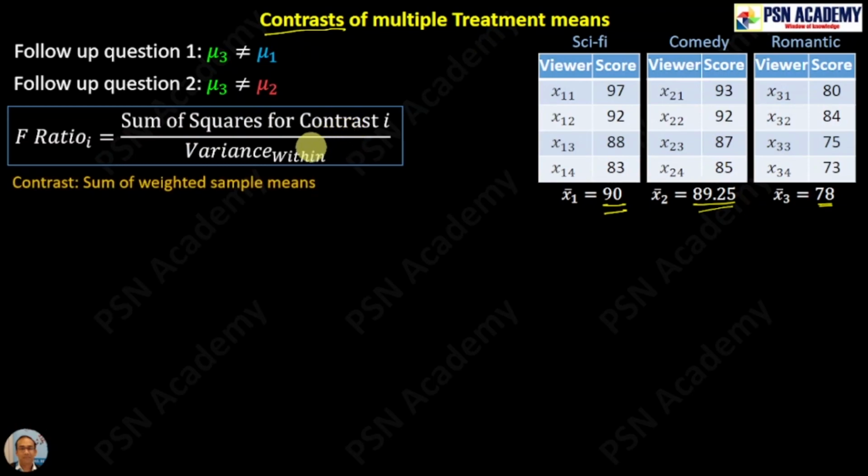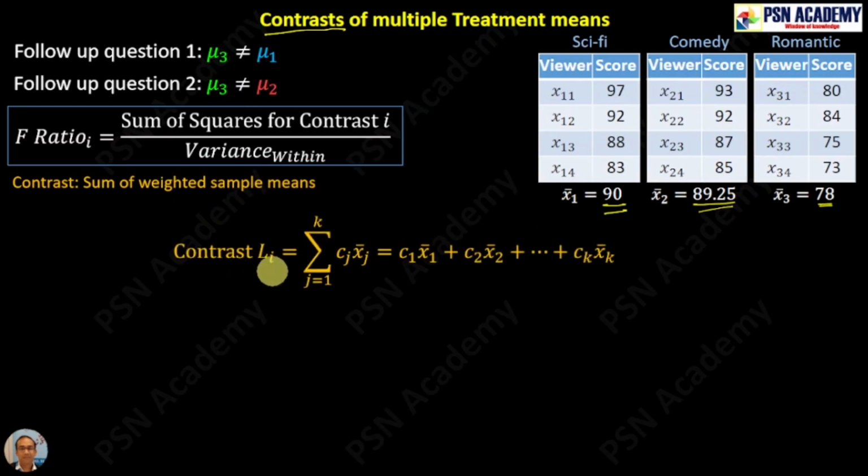So what is contrast? Contrast is actually a sum of weighted sample means. That means you add x1 bar, x2 bar and x3 bar, but those sample means will be associated with some weights. We term the contrast as L. So, the ith contrast, Li, will be the summation of j equal to 1 to k, Cj times xj bar.